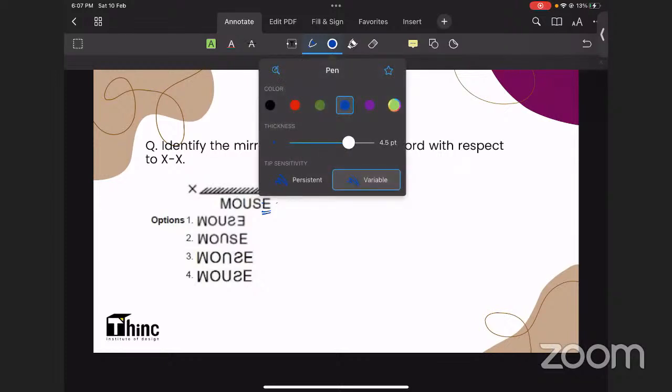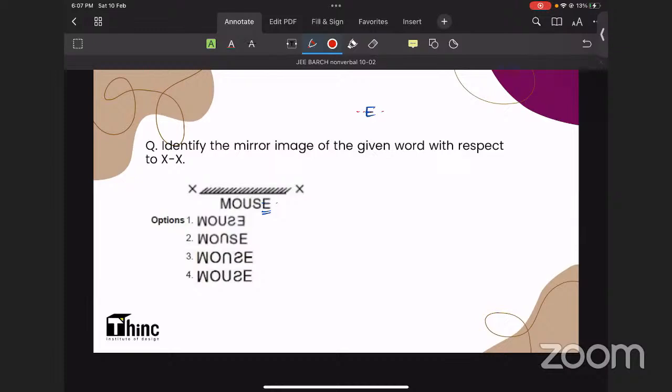If you cut through the horizontal plane, it will look alike, so its reflection will look exactly like this. E and E look alike. Even if the mirror is on bottom or on top, E will reflect exactly like E. So we can eliminate this particular option.